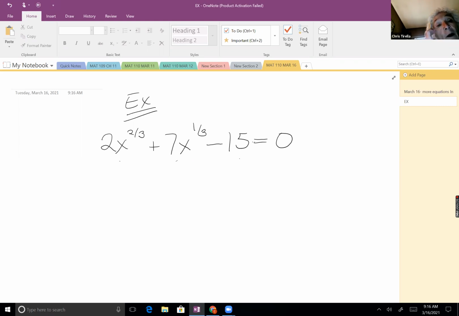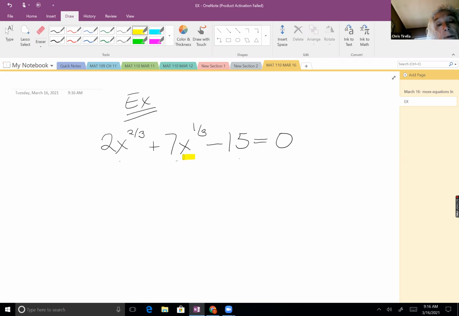And so now if I focus on the variable parts, looking at this, this is x to the 1/3. Well, if I double the exponent, I get x to the 2/3. So it fits that pattern. I'm going to let u equal x to the 1/3. And so u squared would be x to the 1/3 squared.